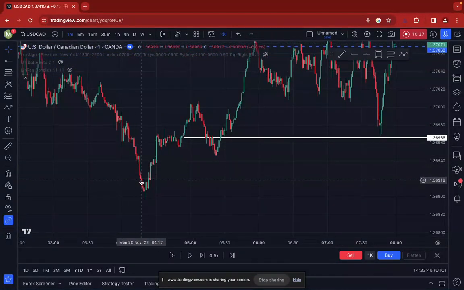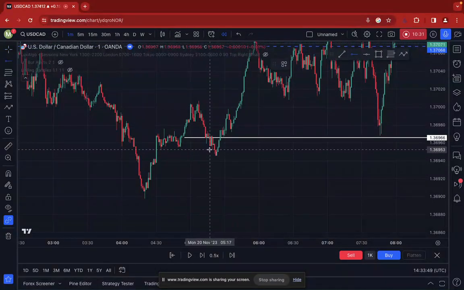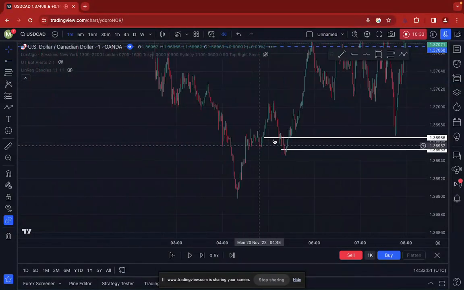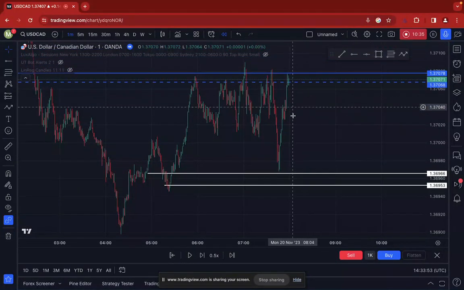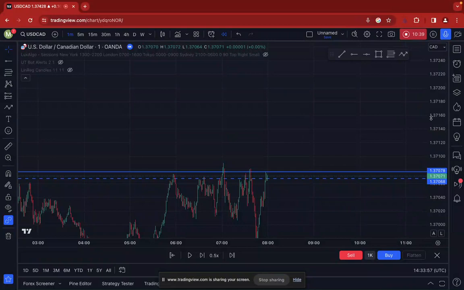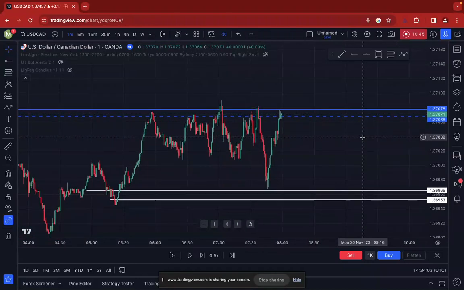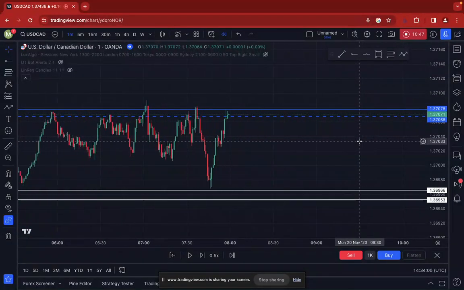Here we have an M1. You can see we have an M1 here. So if price comes back to this M5 and M1, ideally I'm going to buy. I'm going to be looking at buying this up to this zone. All right, so let's see what happens.